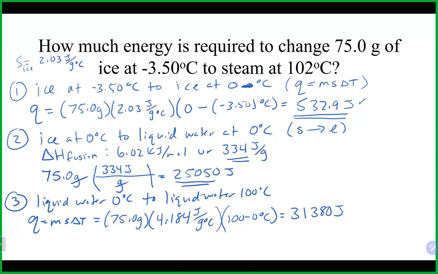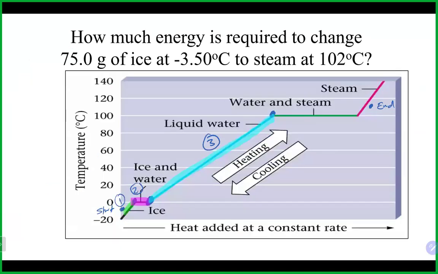So we have now taken our ice from ice to ice at 0. We transition at 0 degrees from ice to liquid water. We have now heated our liquid water all the way up to the boiling point of 100 degrees Celsius. It's at this point that it's now going to do another transition of phases.